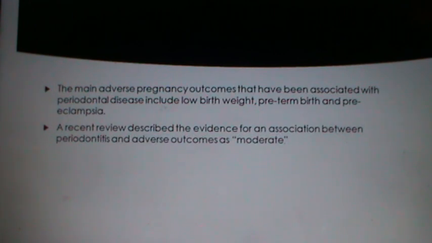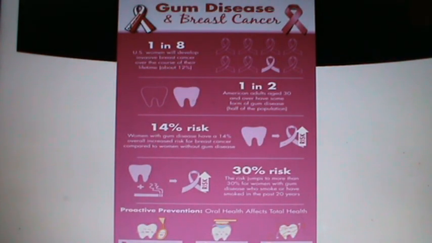A recent review described the evidence for an association between periodontitis and adverse outcomes as moderate. There is a finding in the United States that if any gum disease is present, this may result in breast cancer also.